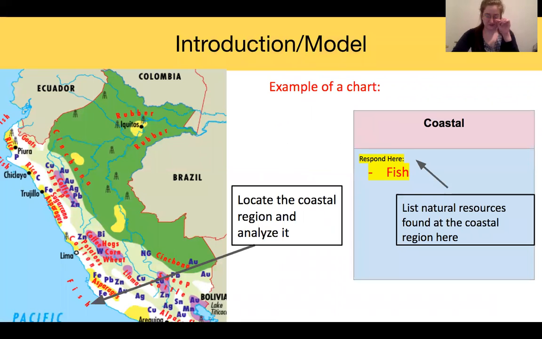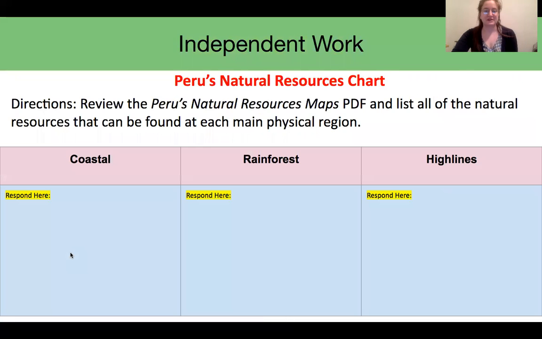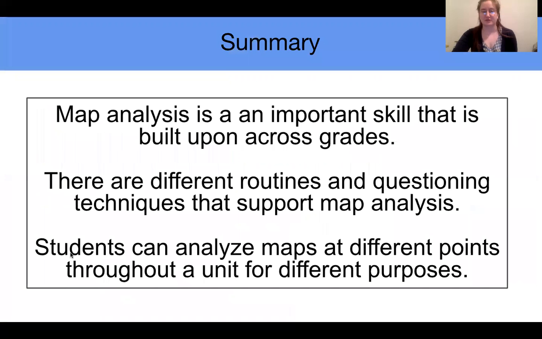So I'm going to show you this map and the example in the modeling section of this lesson. They're going to think, okay, here's the coastal region of Peru. What kind of natural resources could the people of Peru find in this specific region? Then they go through that for the different physical regions.